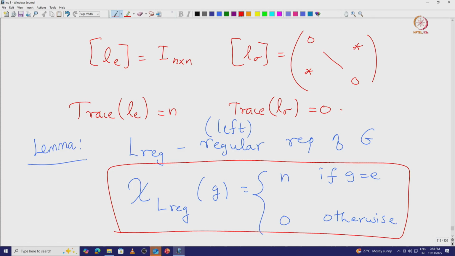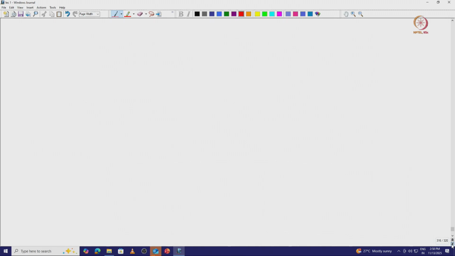Now, once we have this information about the character, we will be able to explicitly determine the decomposition of the regular representation in terms of the irreducibles.